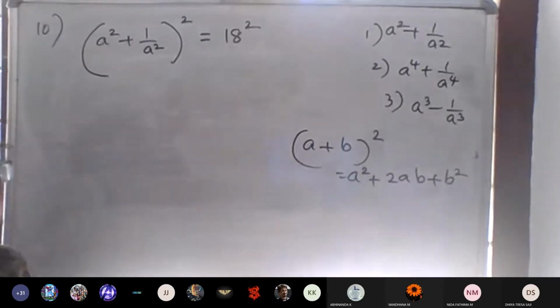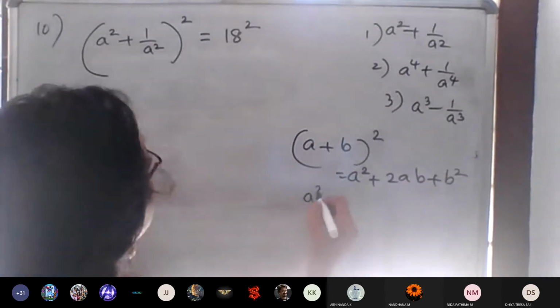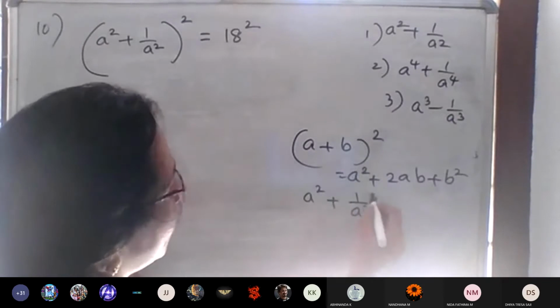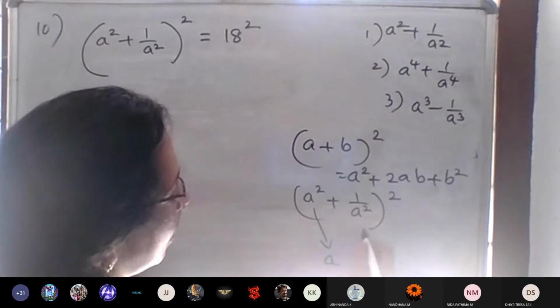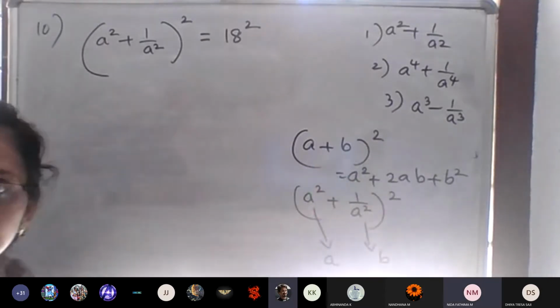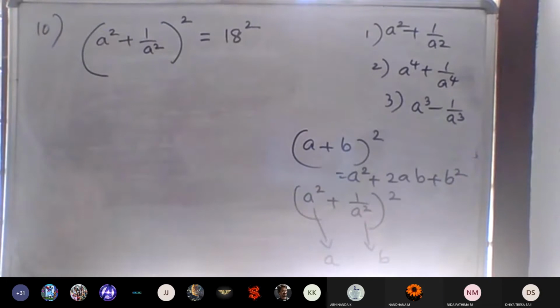Here a stands for a square and b stands for 1 by a square. So think and write. Listen properly, do slowly, don't make mistakes.